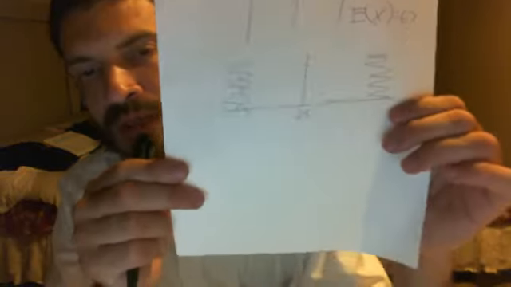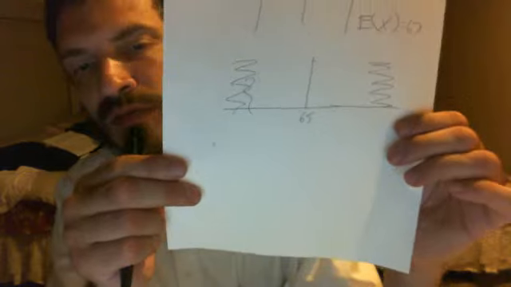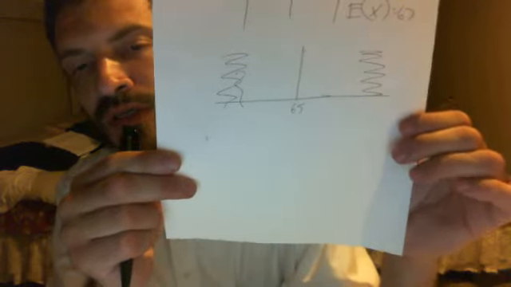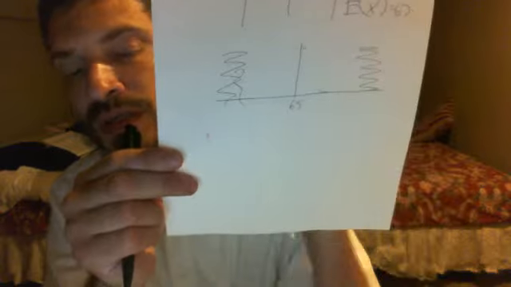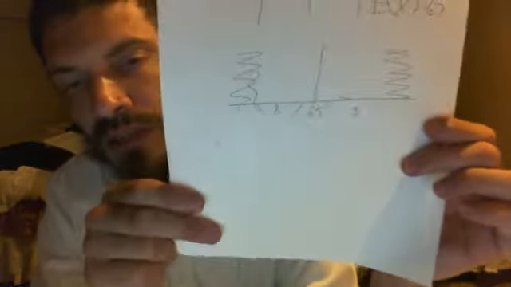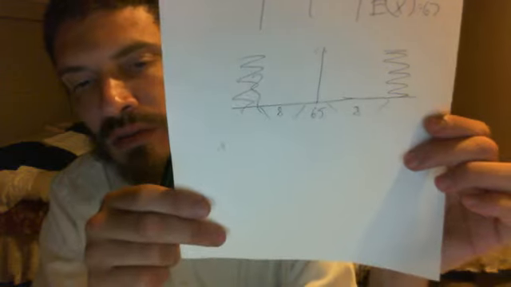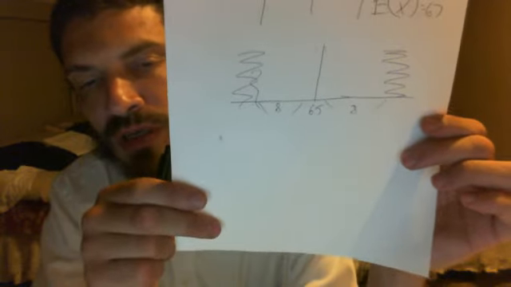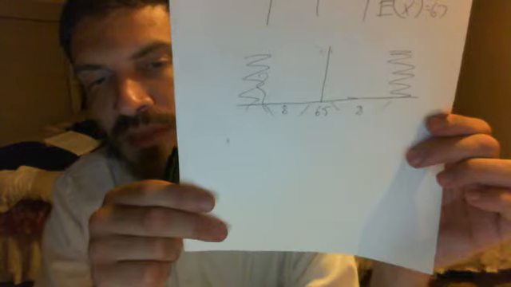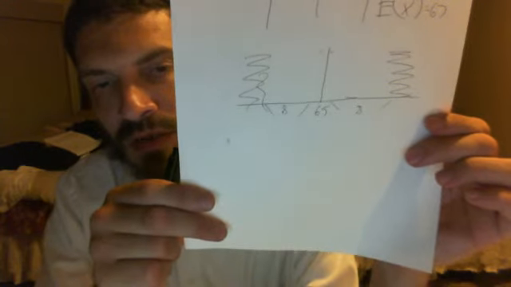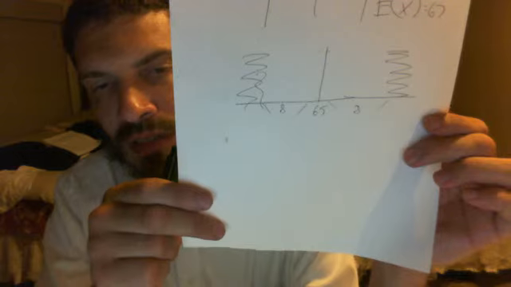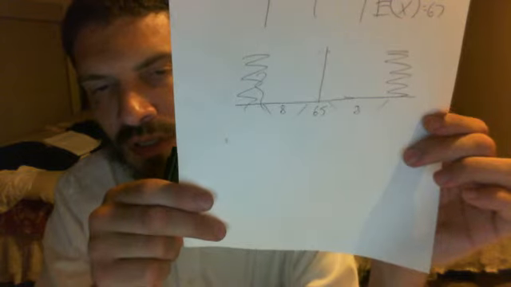Look at the bottom picture. I wrote 65, and then you see these curled things here. So the question is, both sides I'll make 8. As you see, they're 8 units away from both sides of 65. So 65 plus 8 is 73. 65 minus 8 is 57.